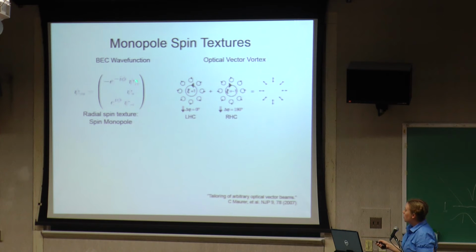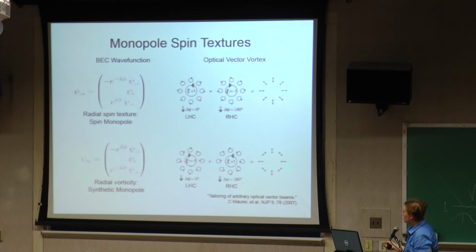And so the way to find out how to make a radial spin texture in a BEC, you can approach it purely from the BEC physics, and that's what these Finnish theorists did, a number of other theorists. But it ends up being the exact same thing. We have a vortex in one spin state and a vortex in the other spin state with opposite helicity, and then there's a phase between them.